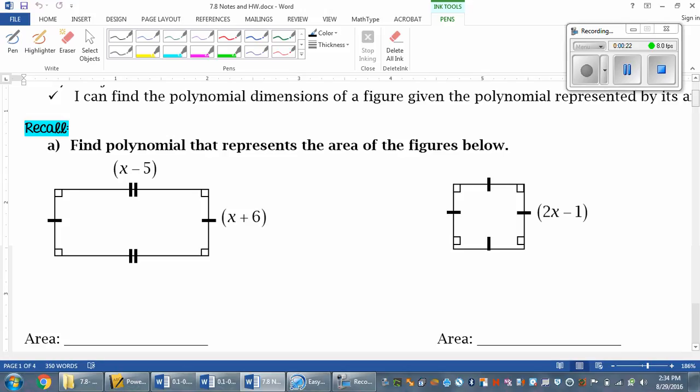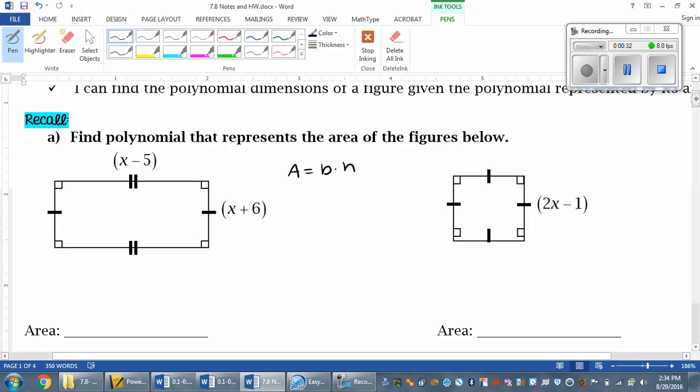Part A says find the polynomial that represents the area. Remember, the area is base times your height. Here, my base is x minus 5. My height is x plus 6. You should recognize this, we're just going to distribute. X times x is x squared.